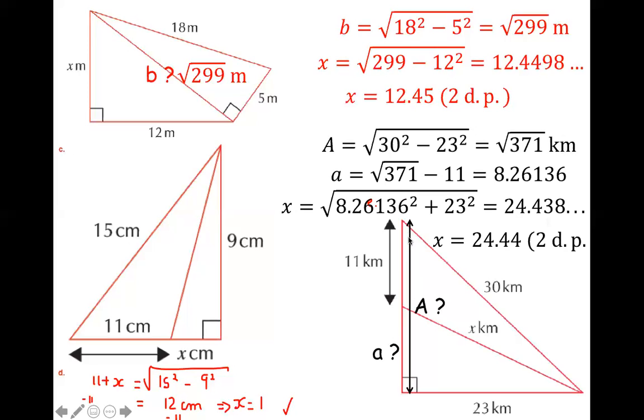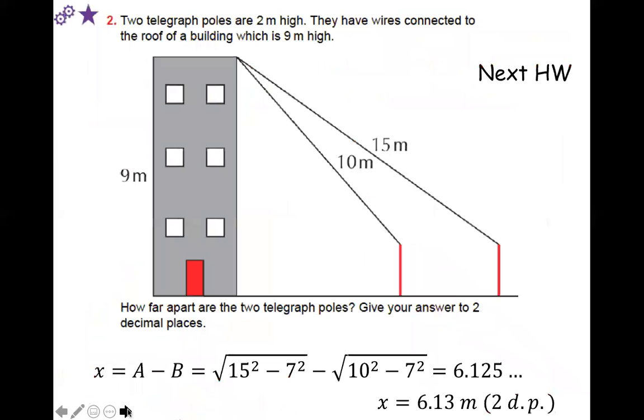Okay, so the only difficulty here was to look at the right angle triangle and figure out that I need to find this long distance, because I've got this distance and this distance here. So in context again, I've been put two telegraph poles and been told that they are 2 meter high.